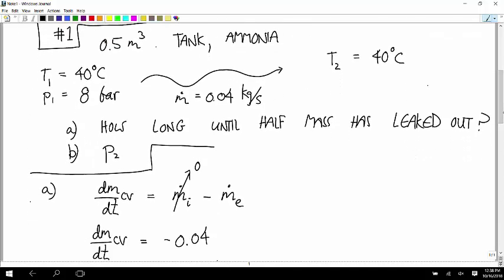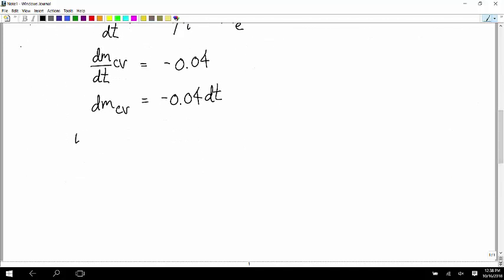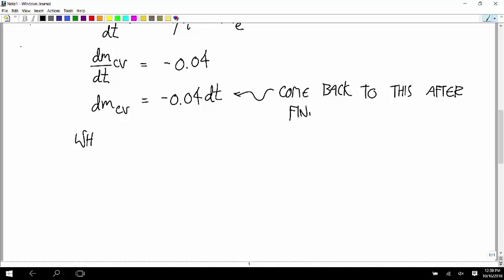So the way to do that is we know for any simple compressible substance, if you know two properties, that's enough to specify the entire state. And we have a set of tables for ammonia. So we can use these to look up the specific volume. So let's say, we'll come back to this after we find mass at state 1.